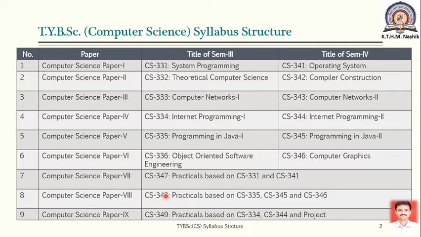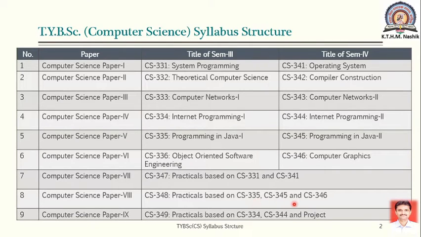Then the next practical course will be based on Java and computer graphics. In Java programming, you will study different programming concepts in pure object-oriented programming, including inheritance, socket programming, AWT, Swing, exception handling, and many more.